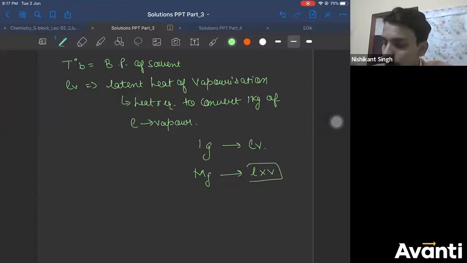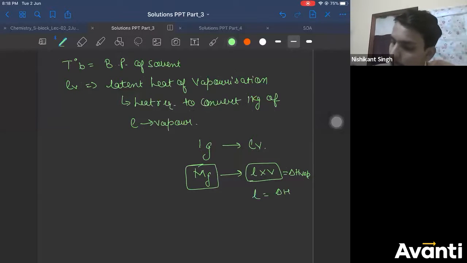Now, what is the heat required to convert 1 mole of liquid into vapor? That is called enthalpy of vaporization. So this is equal to enthalpy of vaporization. So latent heat of vaporization is enthalpy of vaporization by molar mass.